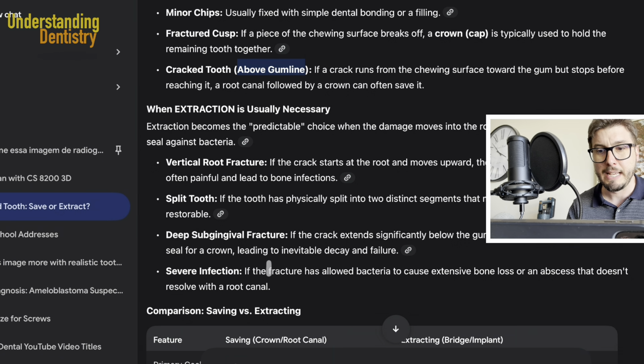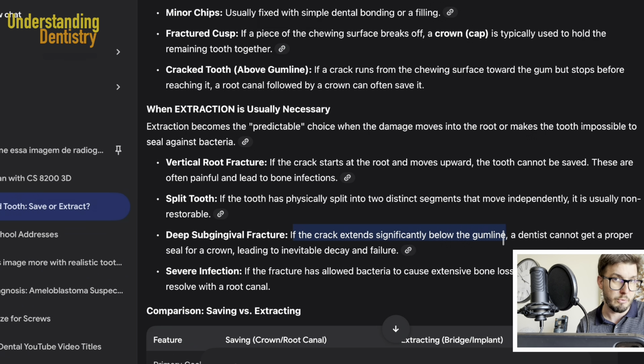Now we are seeing a deep subgingival fracture. If the crack extends significantly below the gum line, so subgingival, a dentist cannot get a proper seal for a crown. And first of all, it's not the seal for a crown, that's actually wrong. Second, what about cases where you can remove a little bit of the gingival tissue, contouring with a laser, for example, with some electrosurgery or cauterization or something like this, and you can actually expose the margin a little bit better, and you can still be conservative.